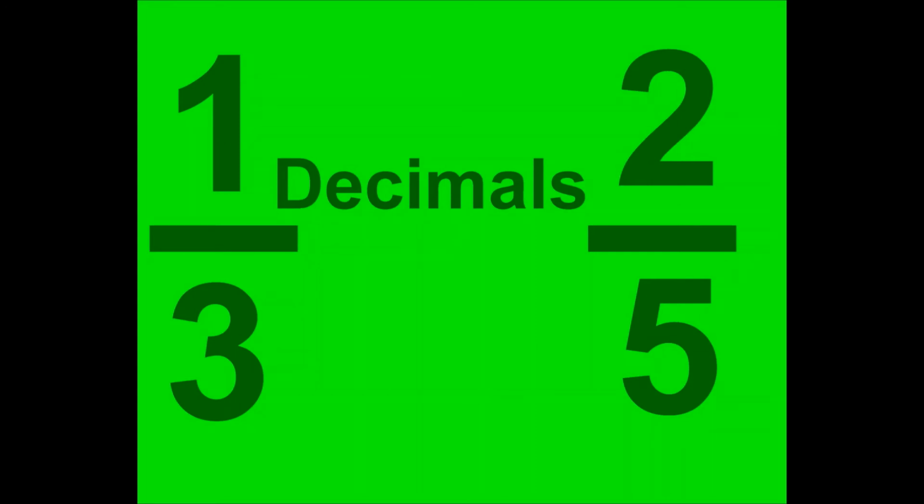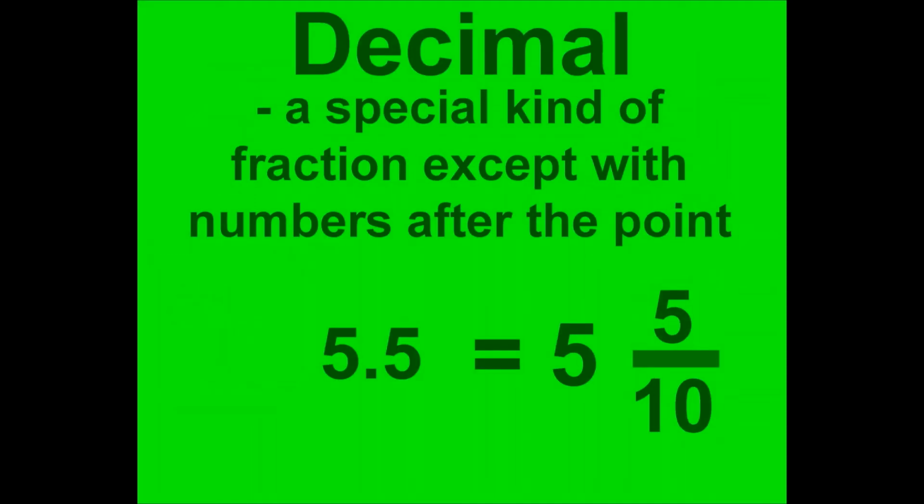Now, let's learn about decimals. A decimal is a special kind of fraction, except with numbers after the point. Here's an example. 5.5 is a decimal. It is also read as 5 and 5/10.